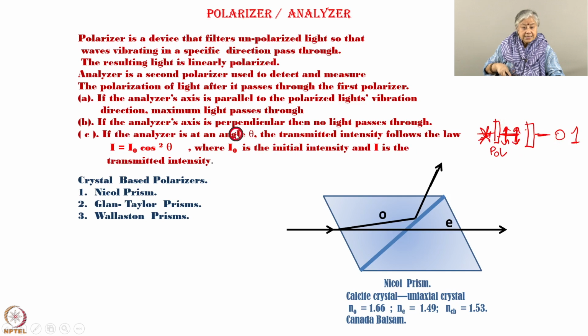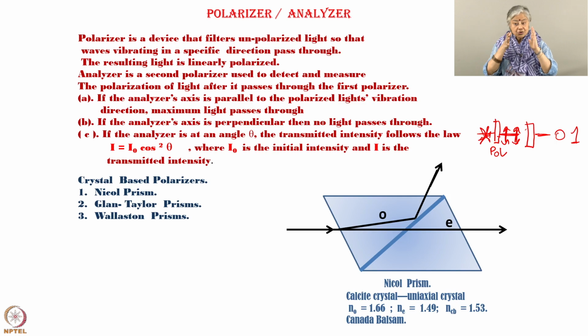If the analyzer axis is perpendicular, then no light passes through. That is when 0 happens. So that is what I am saying, these two here, I am rotating with respect to each other. So this I am keeping constant, and the second one I rotate. As I start rotating, I will find that the light on this side is diminishing until it becomes 0.